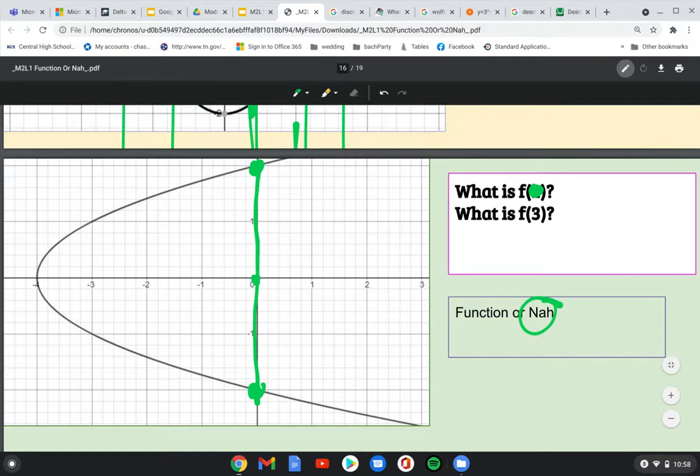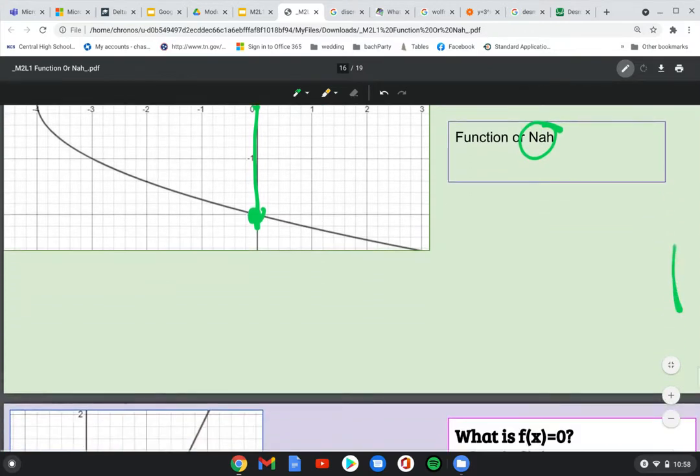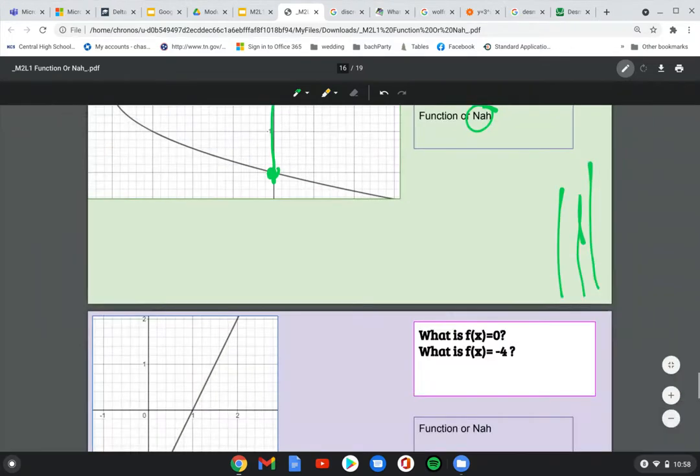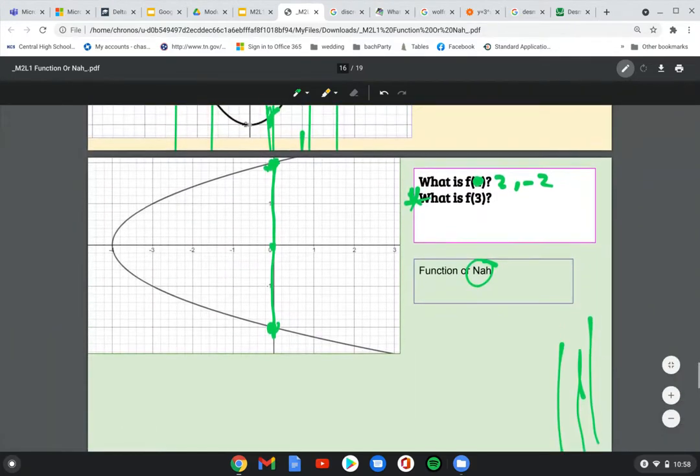For f of 0, I have two answers. It hits at 2 and it hits at negative 2. So you'll have two answers for f of negative 3. That's supposed to be a negative 3, by the way. Let me go change that here.